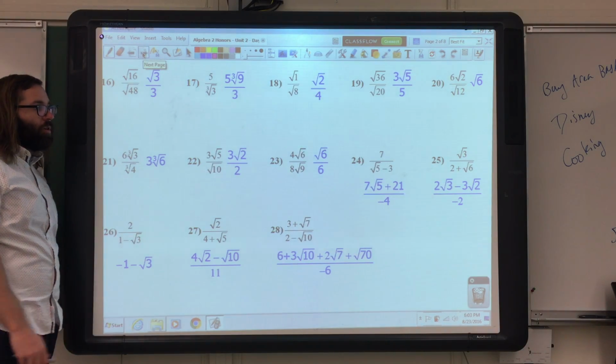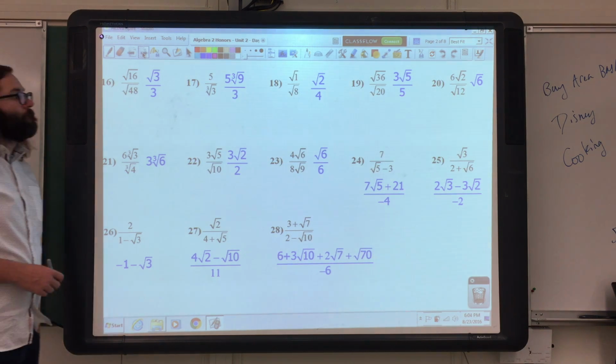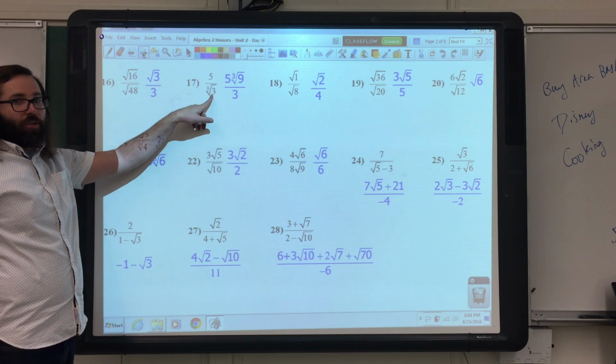Okay, check your answers for this page. Alright, so we want to rationalize this denominator.